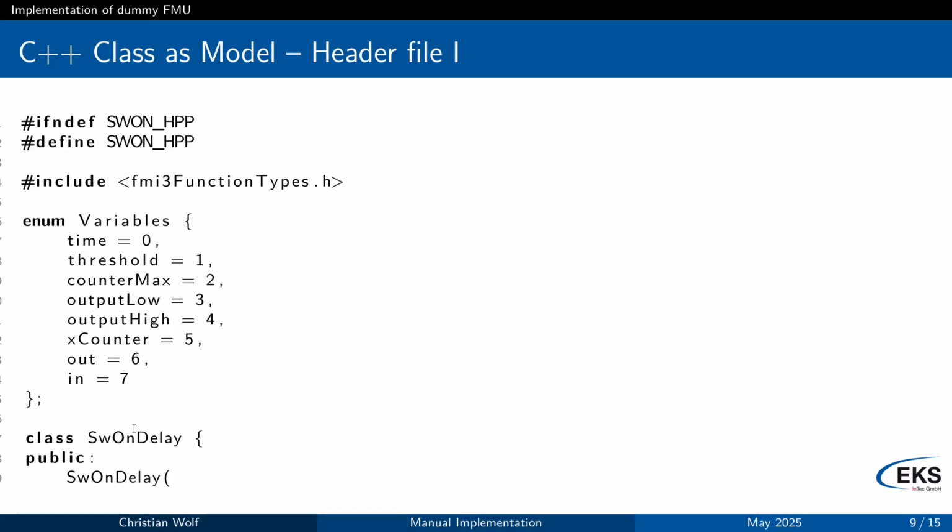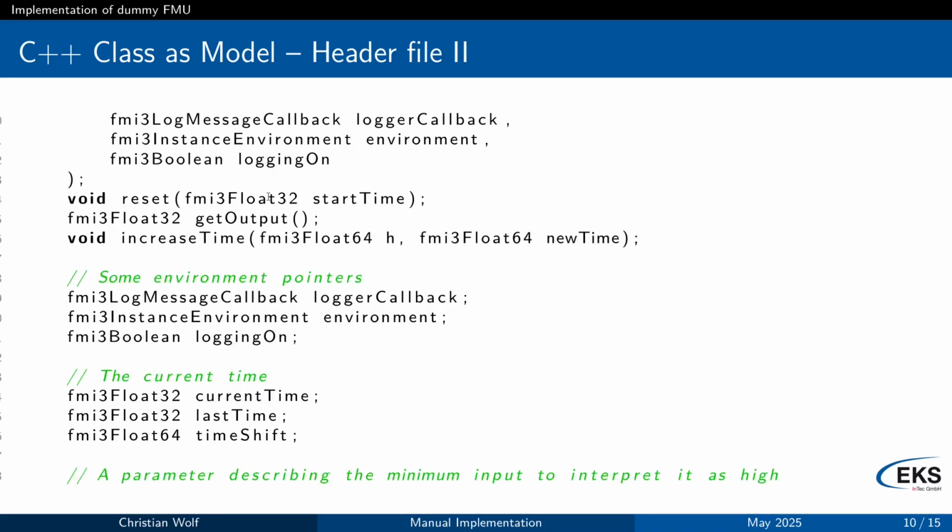And then we have the actual class, the simulation class. This has a constructor. The constructor needs some FMI stuff because during construction some logging and other things are handed over. This will be saved in corresponding values within the class.